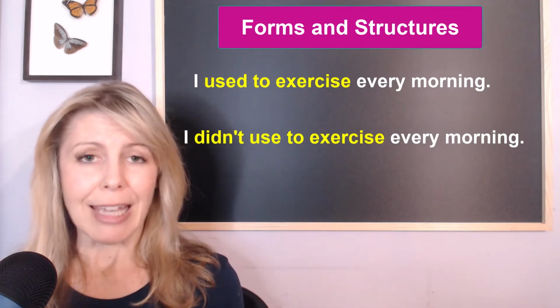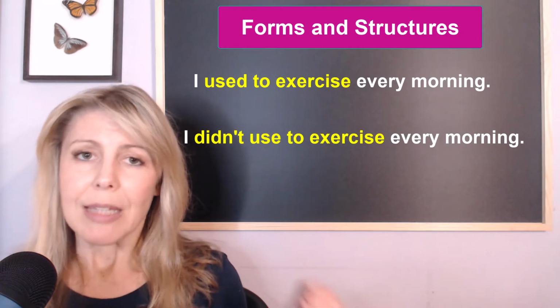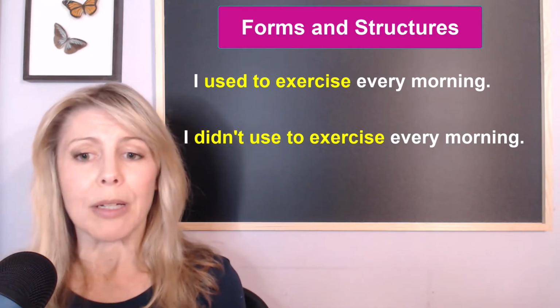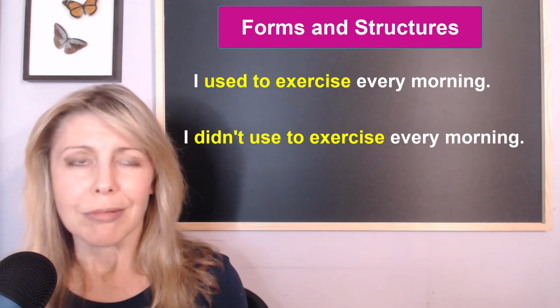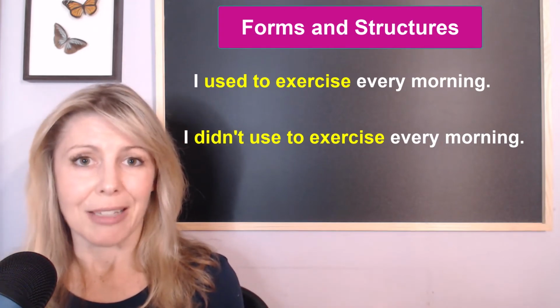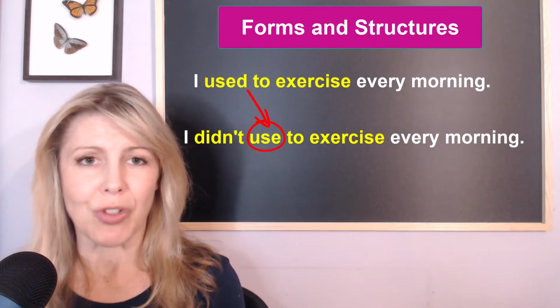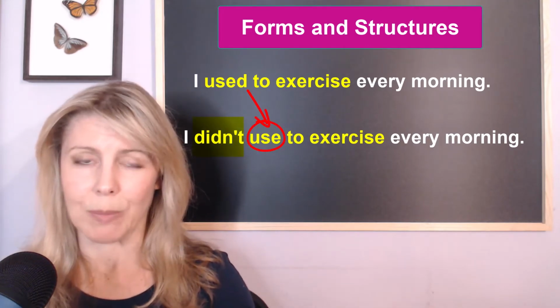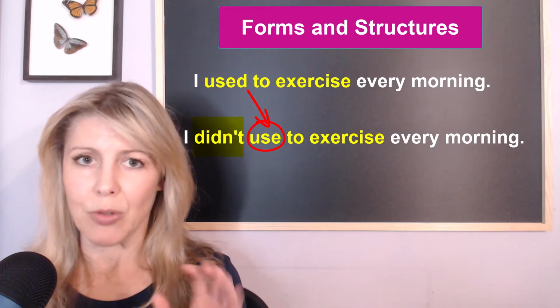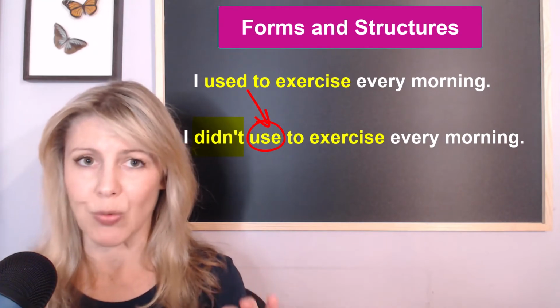If we use a negative, if I say didn't, that is in the past form. So then I have to say used to in the simple tense. Okay, notice the D is gone in used to because I'm using didn't as the past form. So I'm only using one past tense form.